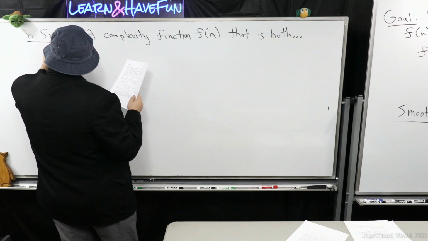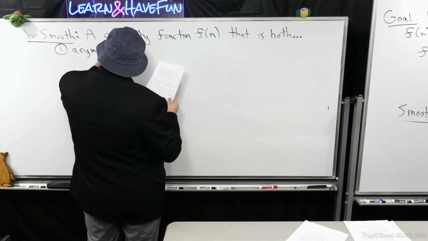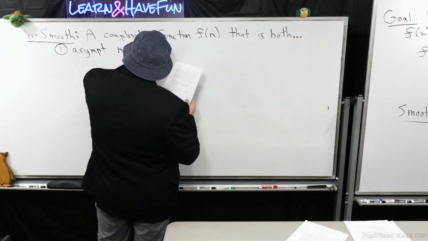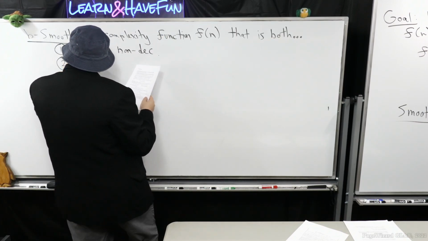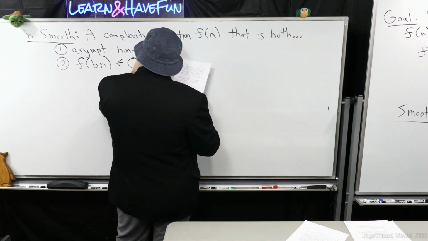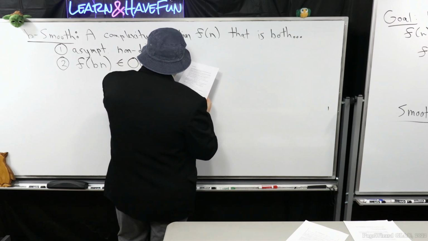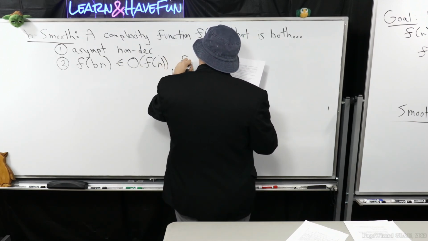It's both, one, asymptotically non-decreasing, and it has to be that f of bn is big O of f of n. And this has to be for every integer constant b greater or equal to 2.